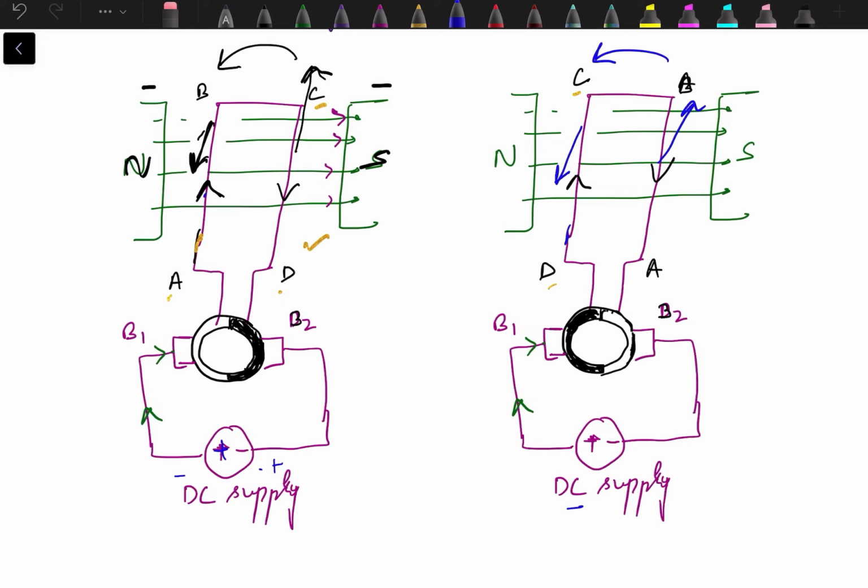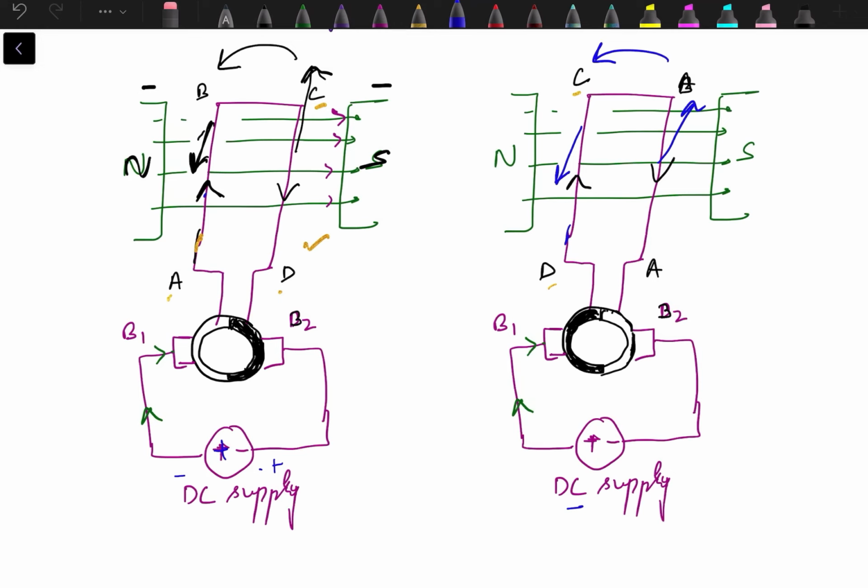So it acts as a mechanical rectifier. While in armature, we have the induced EMF in case of generator, and the armature winding acts as current carrying conductor, which is placed inside the magnetic field in case of motor.